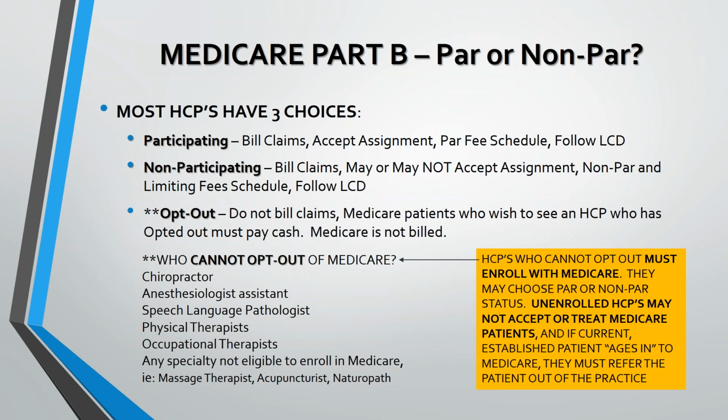But what happens as you are in practice longer and longer? Now you have long-time faithful patients who become Medicare patients. When is that going to happen? And how soon is that going to have an impact on your practice? So it's not recommended for practitioners who cannot opt out to refer patients out.